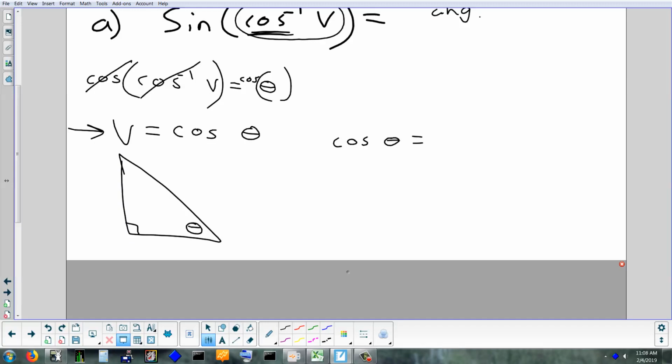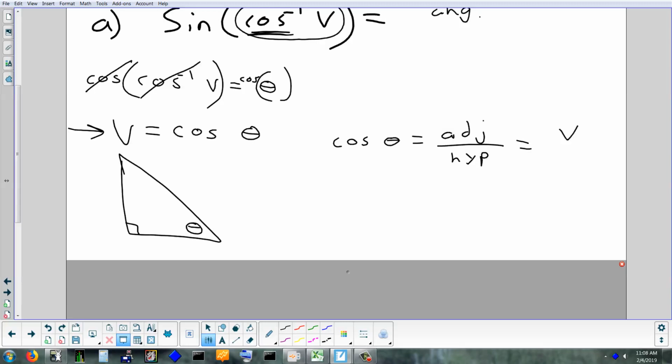It's adjacent over hypotenuse. And we know that in our problem, the adjacent divided by the hypotenuse has to come out to what? What did they tell us? V. The cosine of our angle is v.